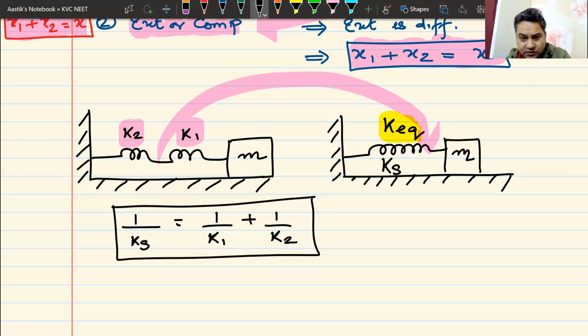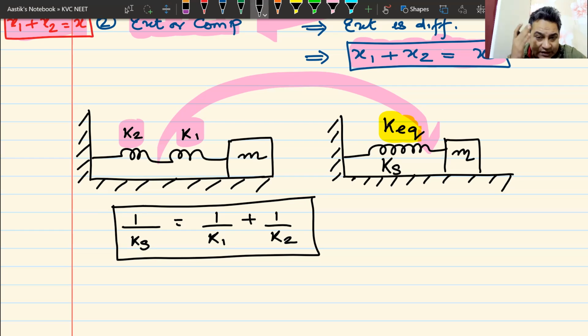Why is it known as series combination? If you go back to your standard 10th, you might have seen series and parallel combination of resistors, where 2 resistors, if they are put one after the other, they are in series combination. If they are put in this way, they are in parallel combination. This is exactly same as that one. Instead of thinking K1 as a spring, you can think of K1 as a resistor.